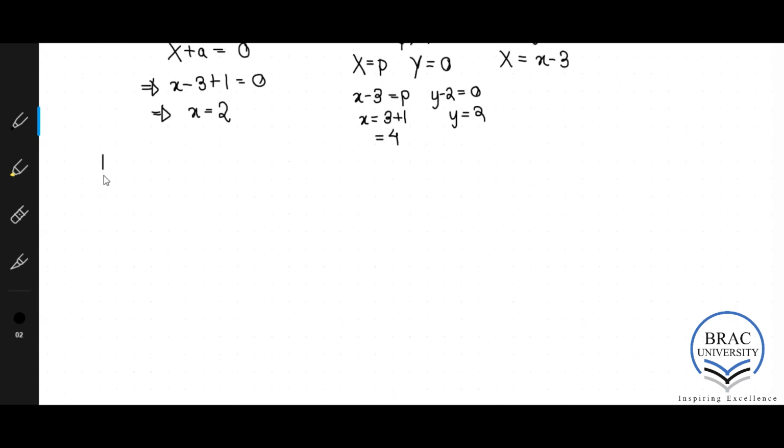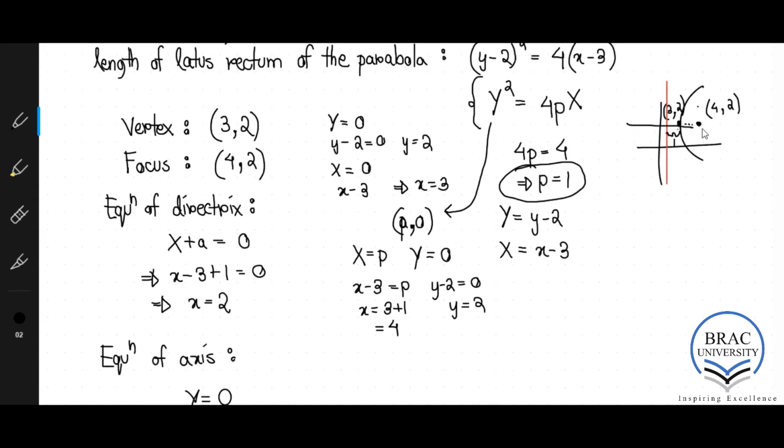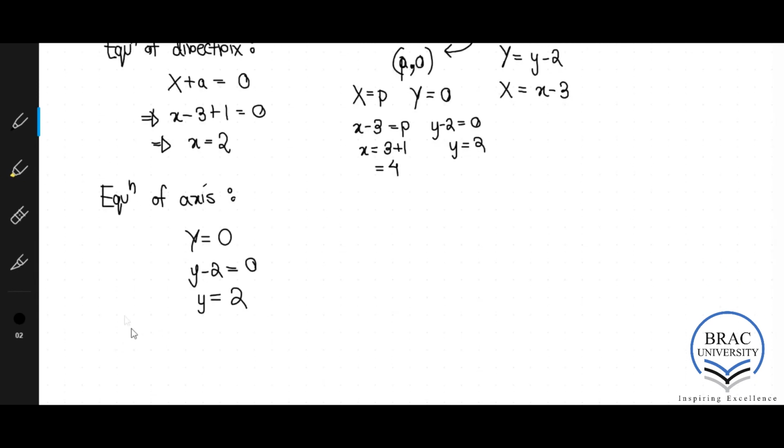And similarly, the equation of axis of symmetry here is Y is equal to 0, which gives us y minus 2 is equal to 0, so y is equal to 2. So the axis of symmetry here is this line, y is equal to 2. And finally, we have the length of latus rectum.